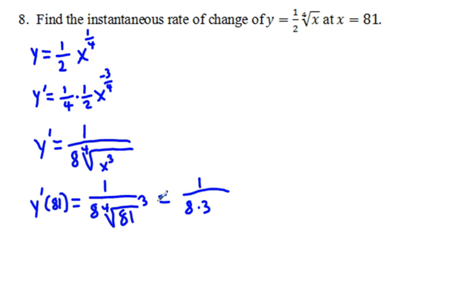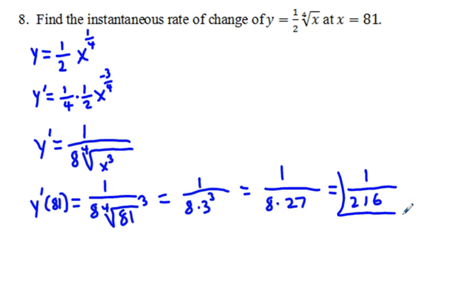And we have 3 to the 3rd power, which equals 1/8 times 27. Well, 8 times 27 is going to be 8 times 25, which is 200, plus 2 times 8, which is 16. So our instantaneous rate of change is going to be 1/216. So that's our instantaneous rate of change.